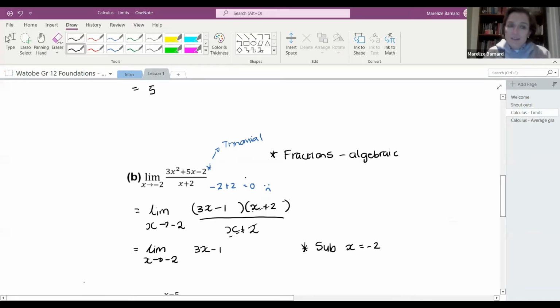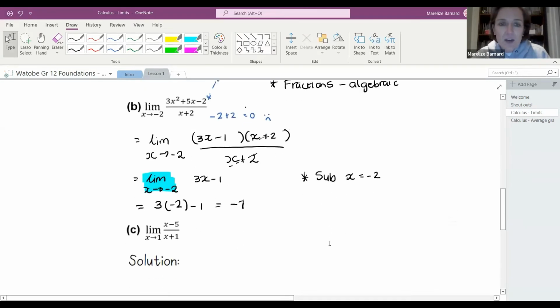Notice that we only drop this limit notation, this whole part about the limit as x tends to minus 2, as soon as we substitute our x equal to minus 2 into our expression or our function. So that gives me 3 times minus 2 is minus 6, minus 1 is minus 7.